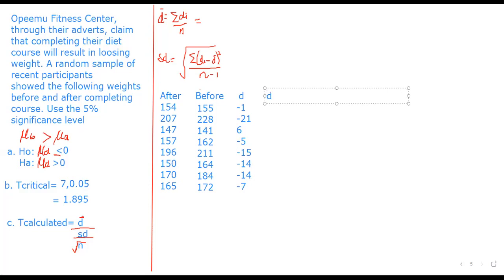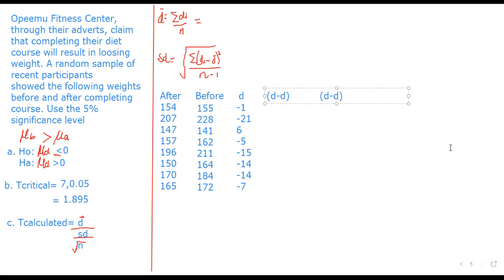Then di minus d bar, then di minus d bar all squared. So work out for that. When you're ready, mention them to me.